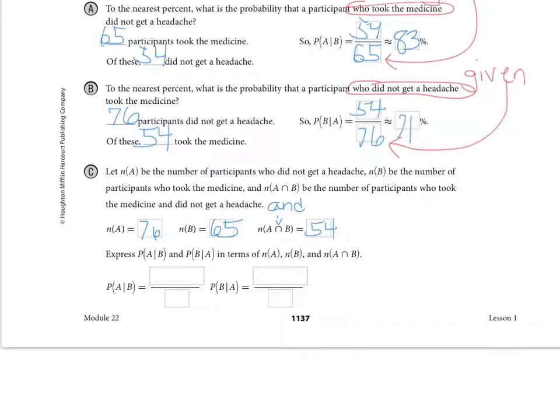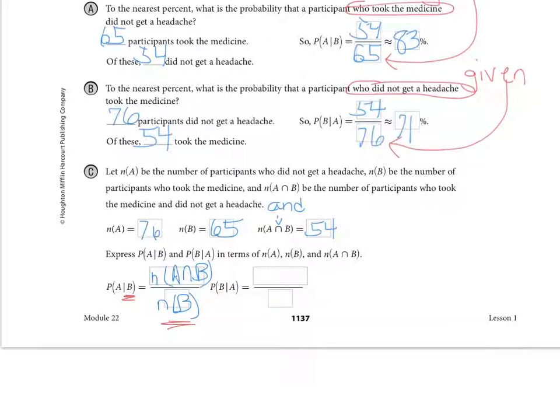For the probability of A given B, that's our 54, which is the number in both sets A and B. So the number in A and B out of, probability of A given B was out of 65, and 65 was the number in just event B. So notice the tie-in there between the given condition becomes the denominator, okay?